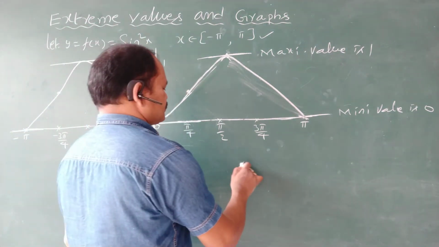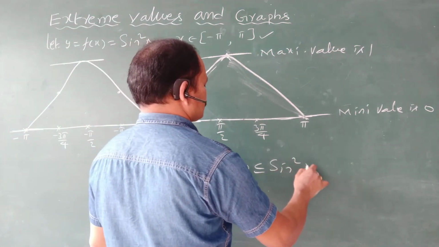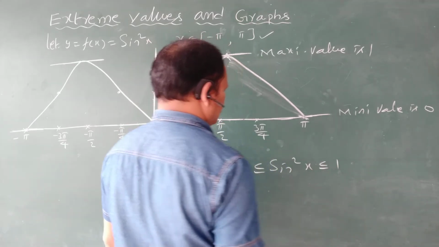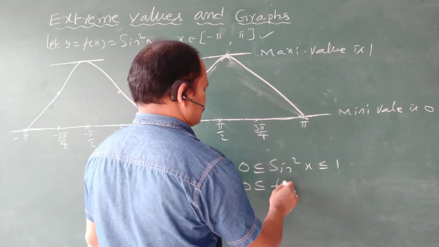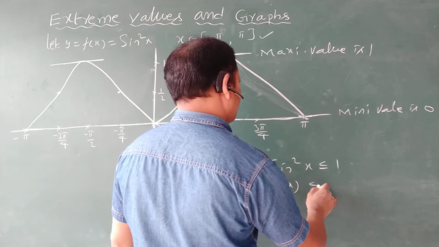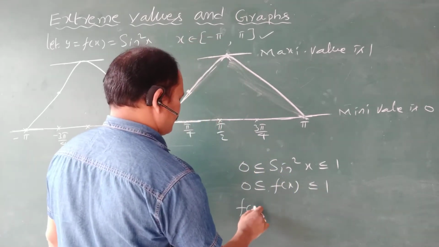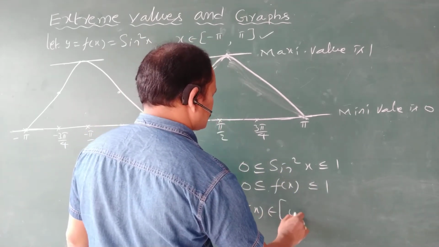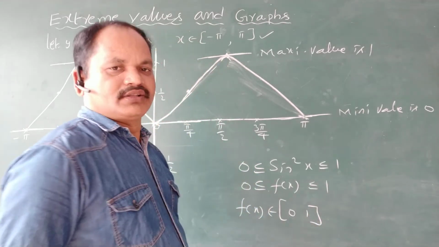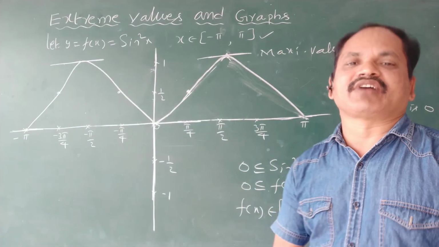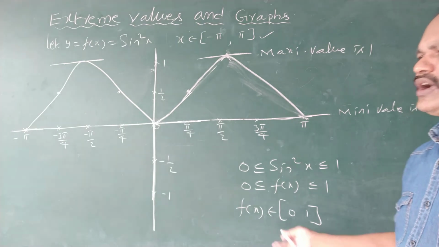So 0 is less than or equal to sin square x, less than or equal to 1. That's why f of x belongs to closed 0 to closed 1. The extreme values of sin square x are 0 and 1.